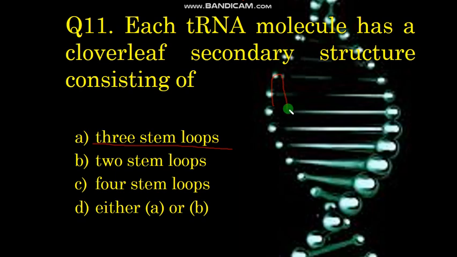This is the one, this is this, and this is this. Here the codon will be there, and on one side the anticodon. This is the clover-leaf model of the RNA molecule. It has 1 loop, second, third, three stem loop structures.